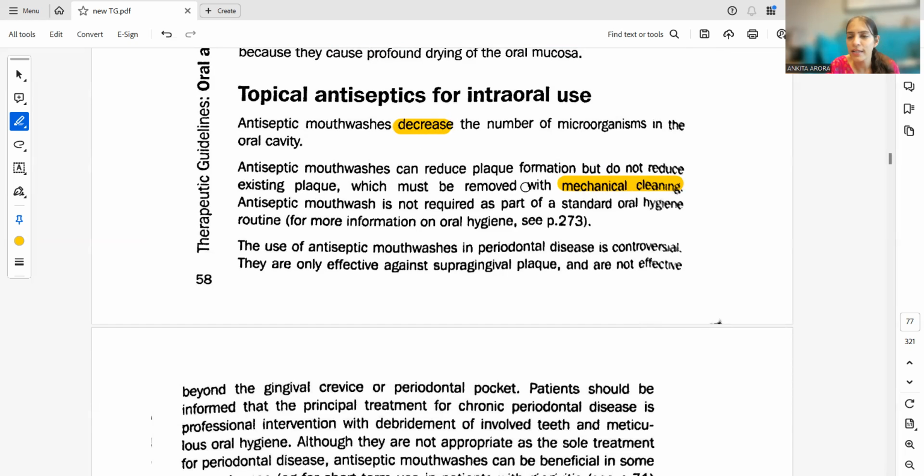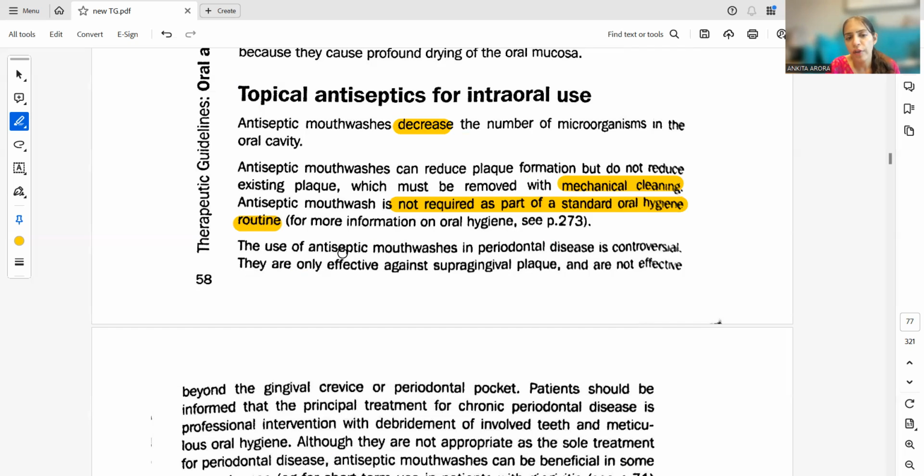These are only adjuncts in reducing the number of microorganisms. Antiseptic mouthwash is not required as part of a standard oral hygiene routine. It is a strong word here: not required as part of a standard oral hygiene regime. Only brushing and flossing is sufficient.